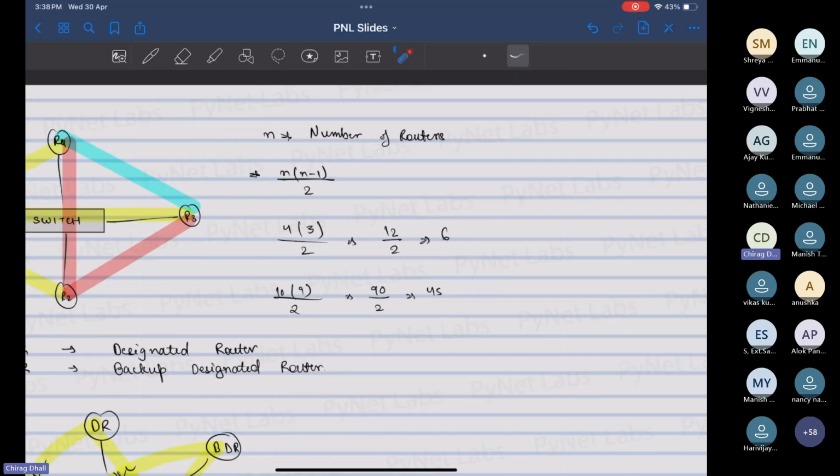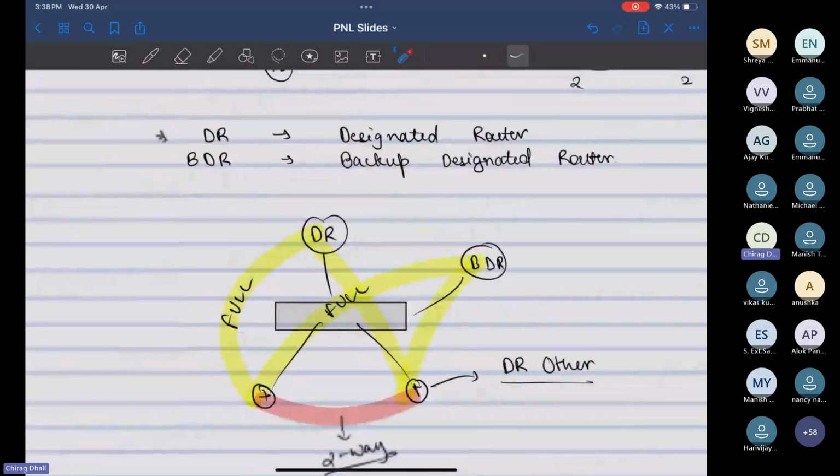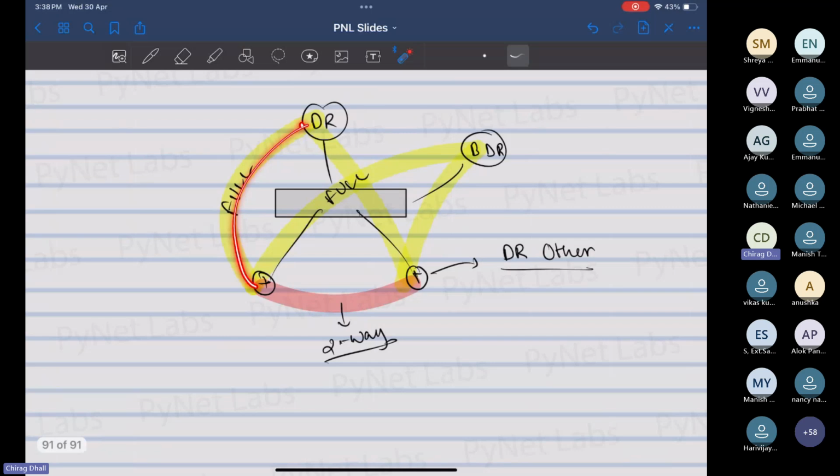So what we did, we introduced a master of the topology, the DR and backup DR. Just think of the DR as of now. I said I will maintain my neighborship with the DR up to state 7, which is full. That means I will exchange routing information with the DR, right? But if there is a normal router just like me, I will only maintain my neighborship till state 3, which is two-way.